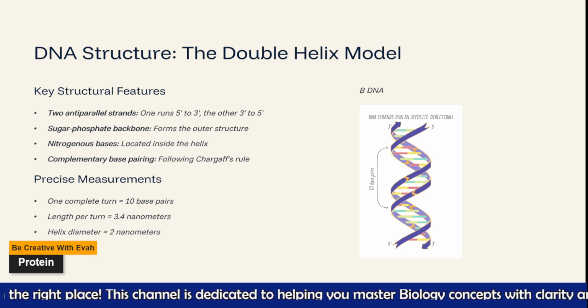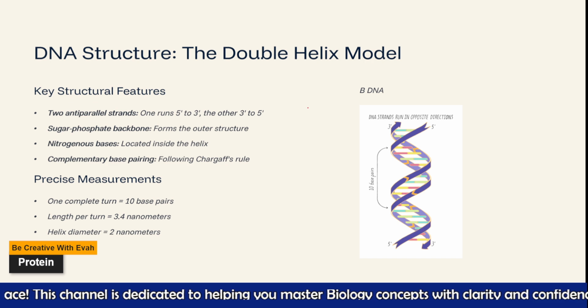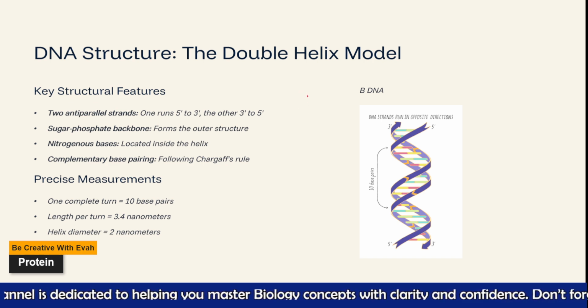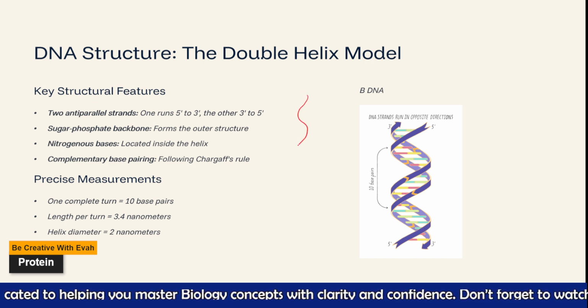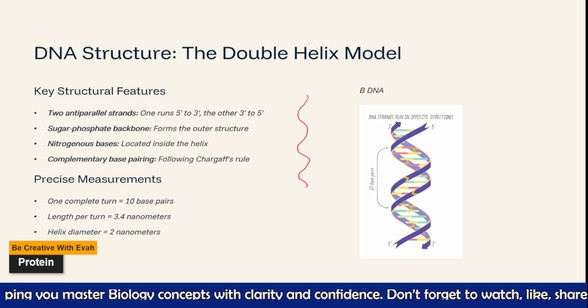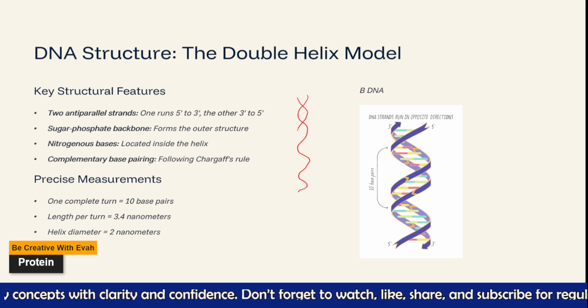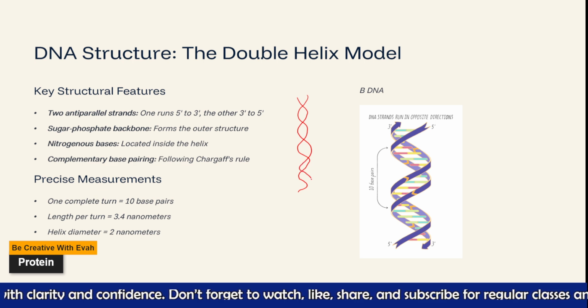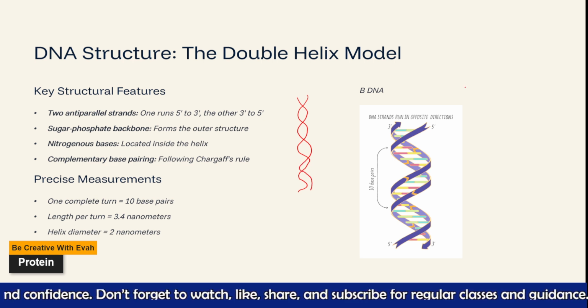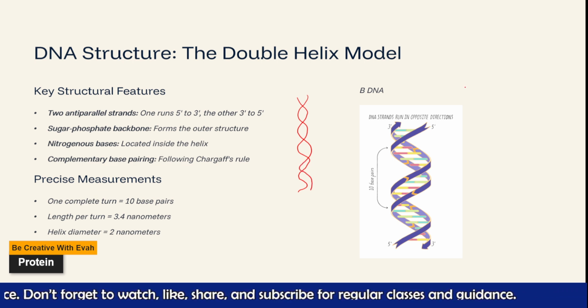The DNA consists of two polynucleotide chains. One polynucleotide chain is coiled separately, and another polynucleotide chain is coiled in such a way that it looks like a spiral staircase.